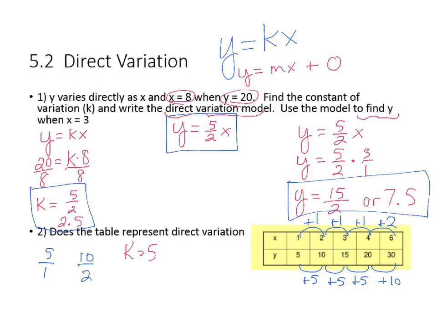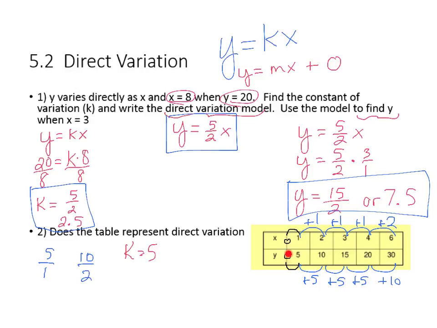The next thing I would have to check is whether it crossed at 0. Remember that sometimes you have to back your table up so that it gets back to a 0. So since it was a plus 1, plus 1, plus 1, I just subtract 1 to get it back to 0. And same thing here, if I have to back up my table, since it was a plus 5, plus 5, plus 5, I would subtract 5 and I'd end up back at 0. Well, that's a good thing.